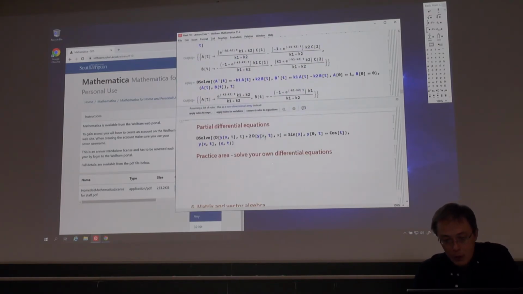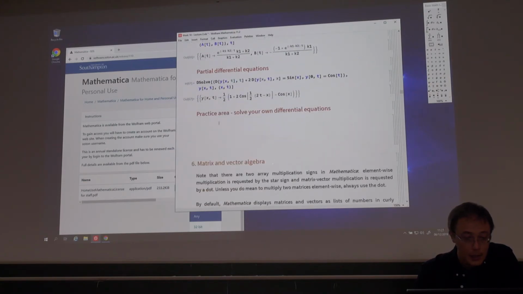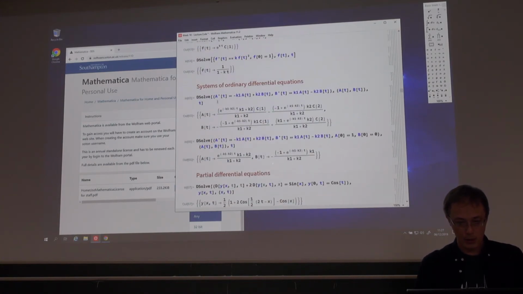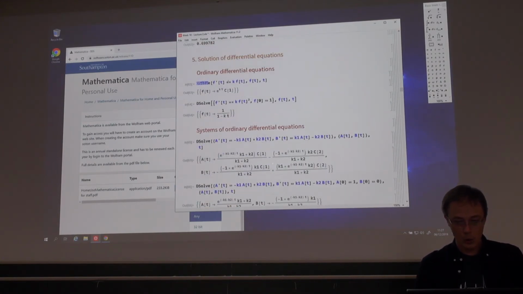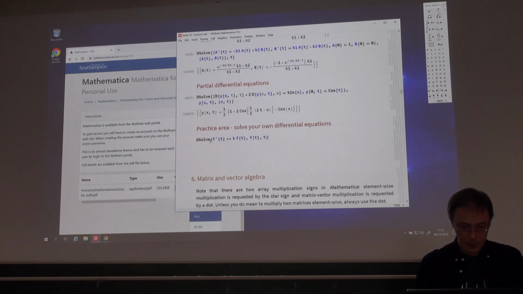It can solve partial differential equations. That's the subject of the next semester of this course. In this case, the diffusion equation, and there we go. It has it. So again, there's a practice area here. We can ask it to solve something really complicated, like for example, an equation which is not first order, but perhaps third order.